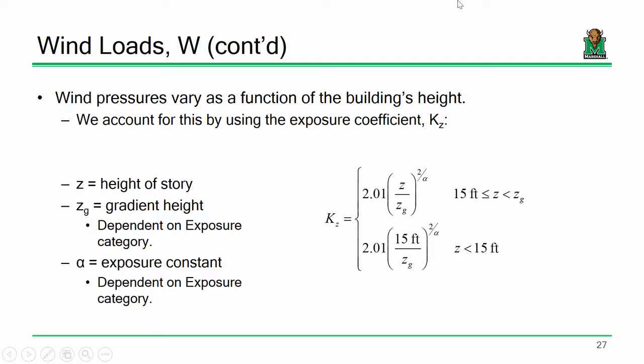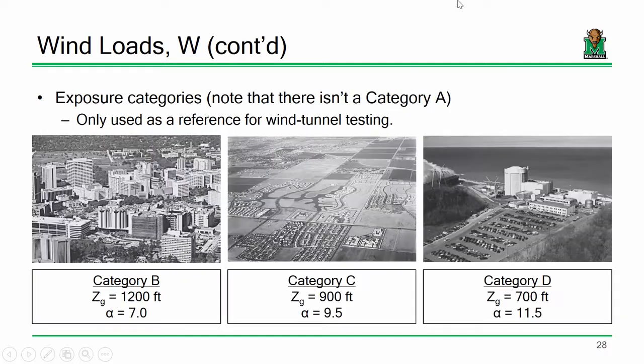Exposure categories essentially relate to, okay, we've got a building in Huntington, West Virginia. Let's say we're designing a building here. What's going on around the building? So here are some representations of different exposure categories. For instance, exposure category B would be an urban type area where, if wind strikes a building, yeah, it'll strike the building, but there's a lot of other stuff in the way.